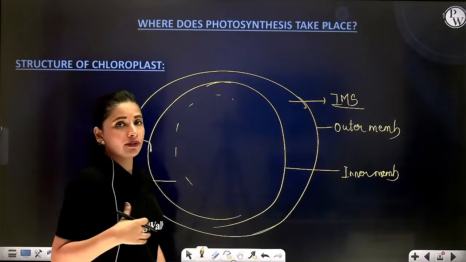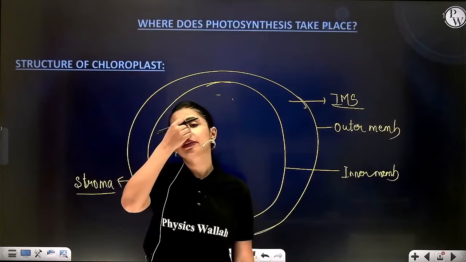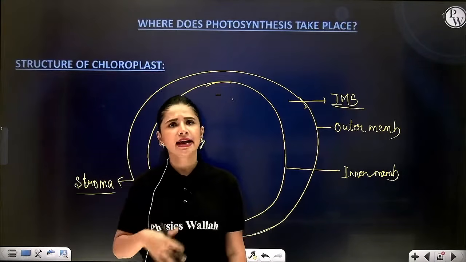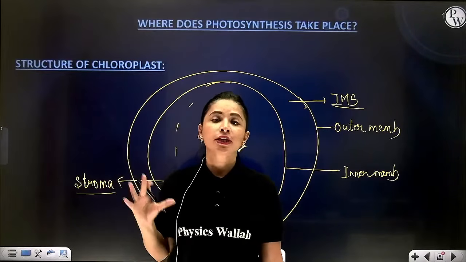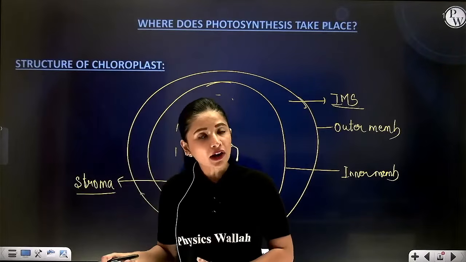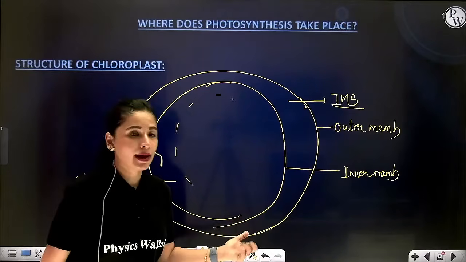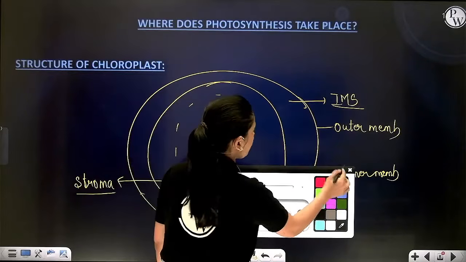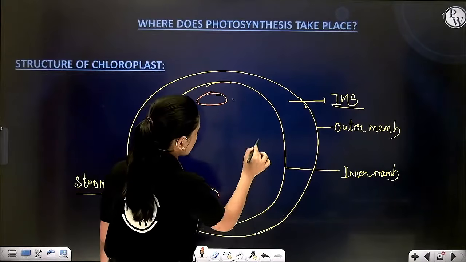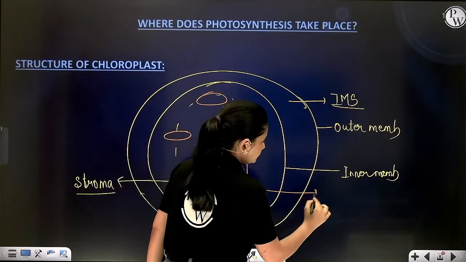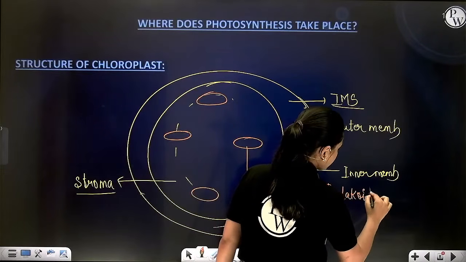Stroma consists of DNA, which is double-stranded, circular in nature. They also have 70S ribosomes, plus they have so many other enzymes, majorly rubisco, to perform glucose formation. Apart from all these things, the other structures found inside the stroma are membrane-bound thylakoids. They have some coin-shaped membrane-bound structures called thylakoids.